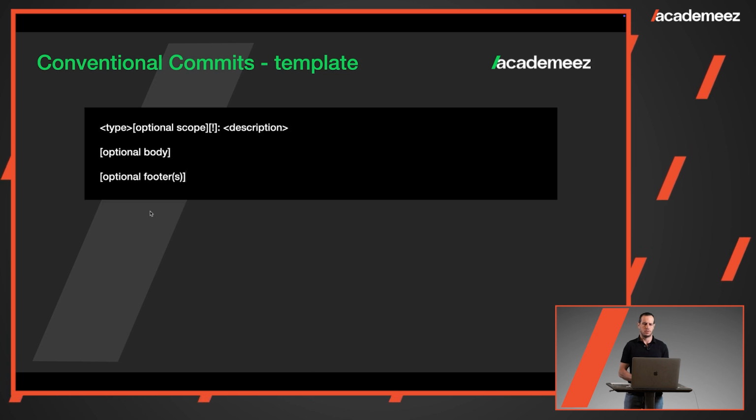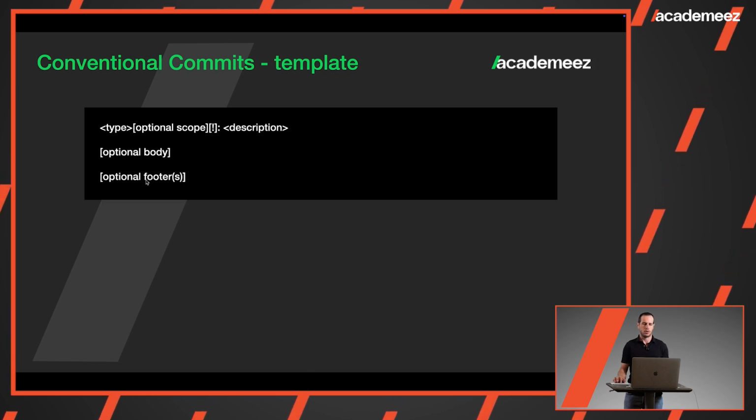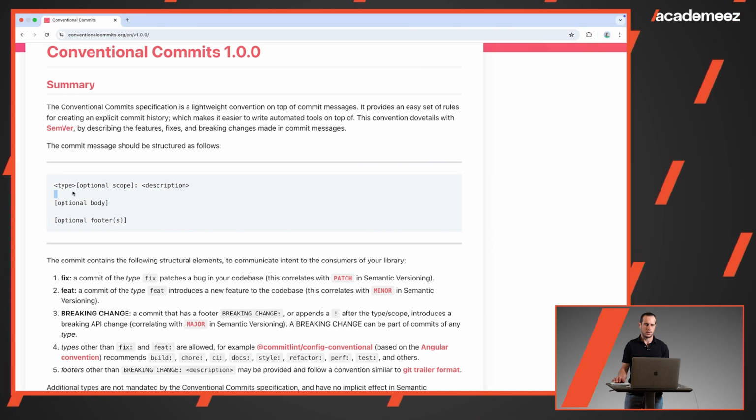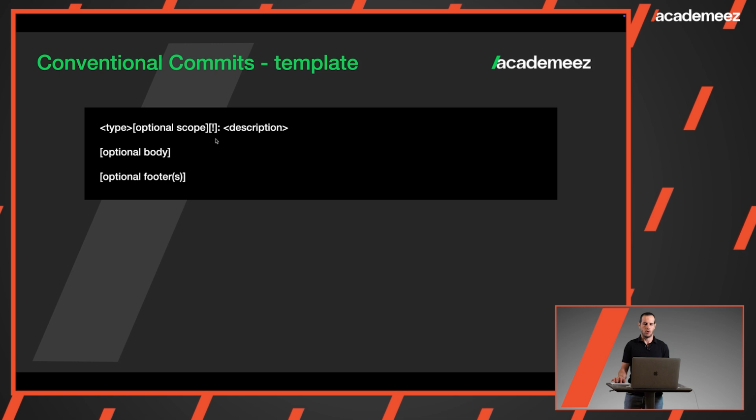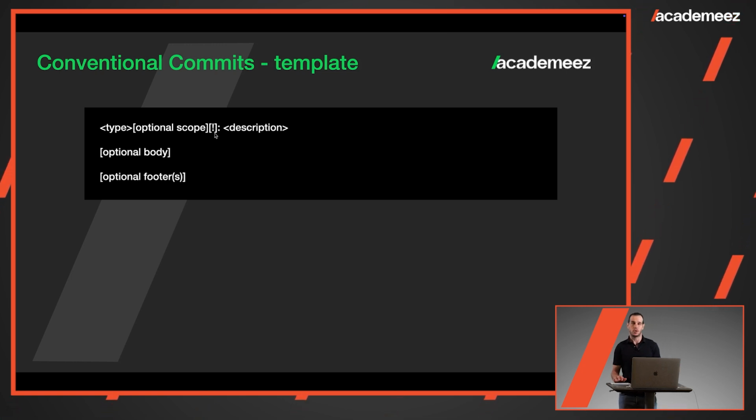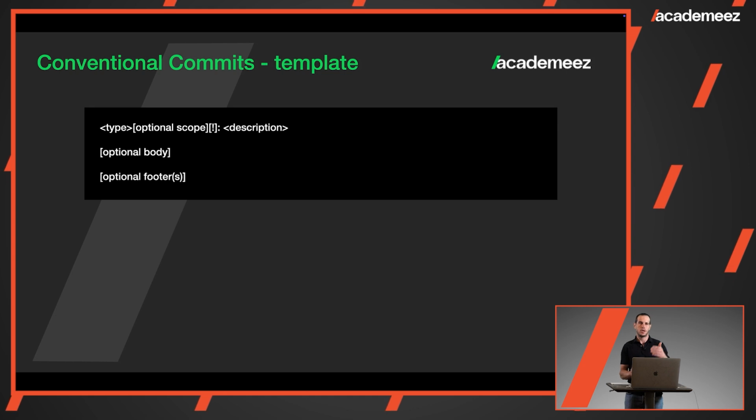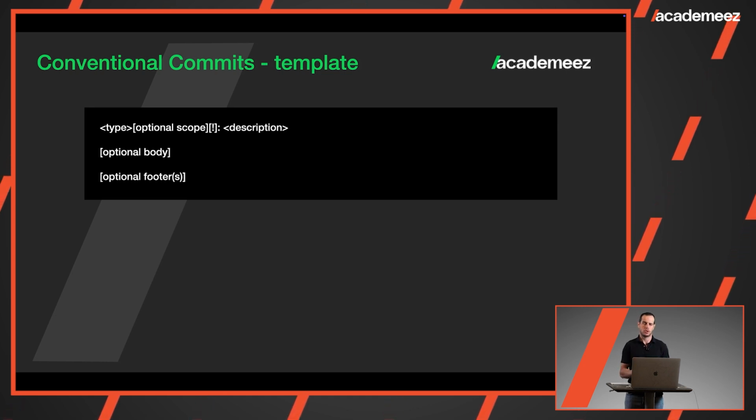So just to go over the template of conventional commit and the sections we have here. A conventional commit starts with a type, an optional scope, and an optional exclamation mark that marks if it's a breaking change or not. You remember when I told you that when you read the Git history, some commits pop out if you're using conventional commits.